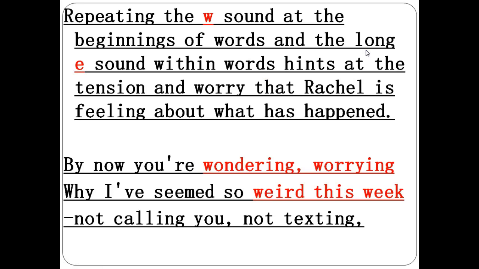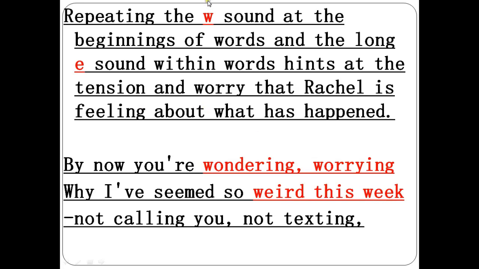It means that there are certain words like in the following: wondering, worrying, where, this week. Now by now you are wondering, worrying why I have seemed so weird this week. Not calling you, not texting. You can see at the beginning the sound W: wondering, worrying, weird, week.